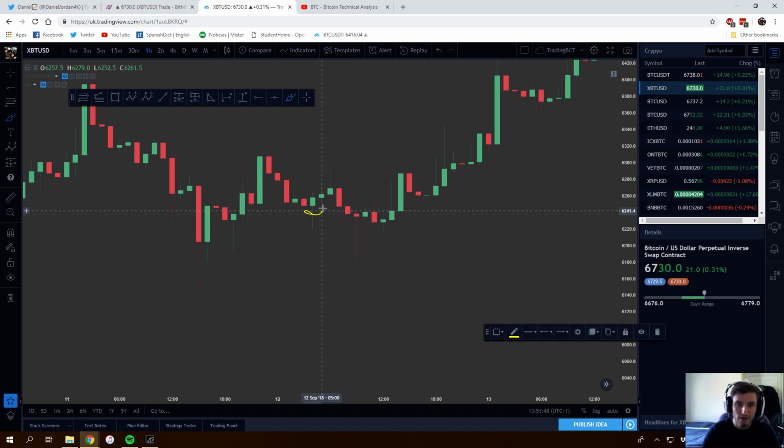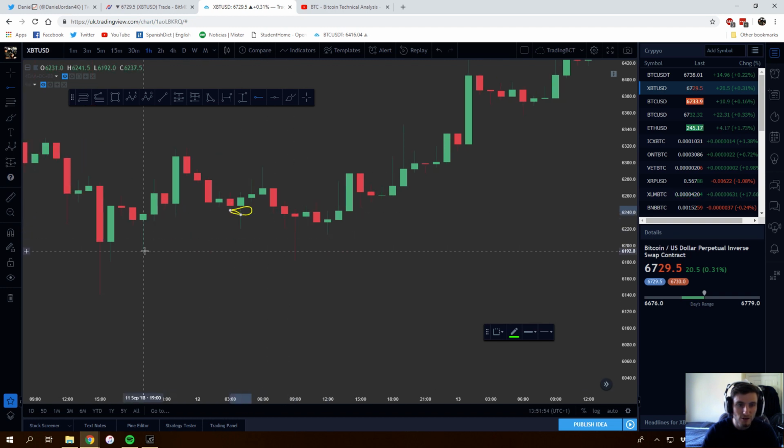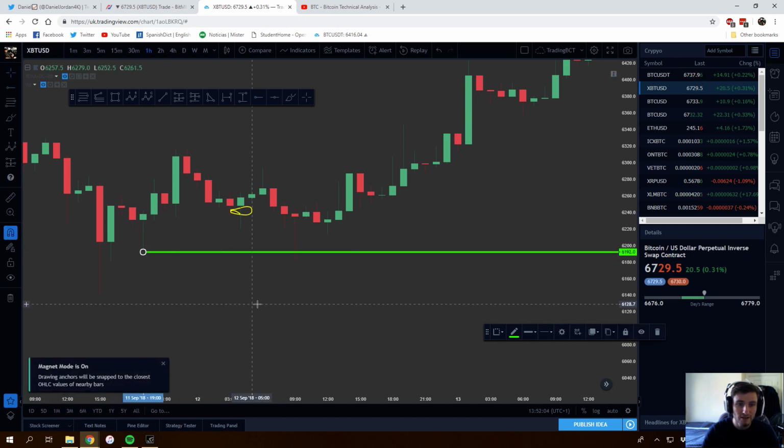Maybe most people would be thinking, okay, our last most obvious low was here. We move up, we move down, we move up, we move down. We're expecting the price to then go up again, with several lower highs. And maybe they would be placing their stop loss on this candle, thinking that if it goes below, we are moving down instead of continuing the range up.